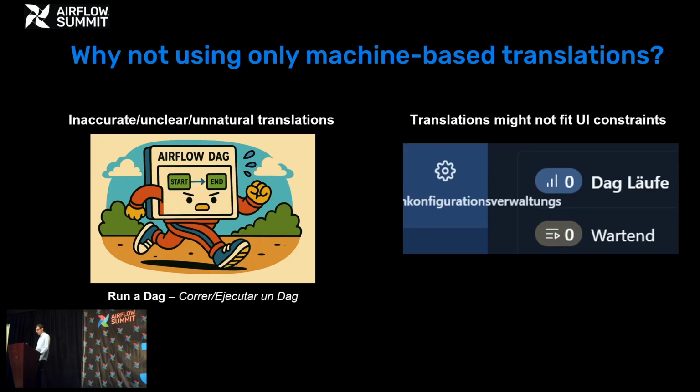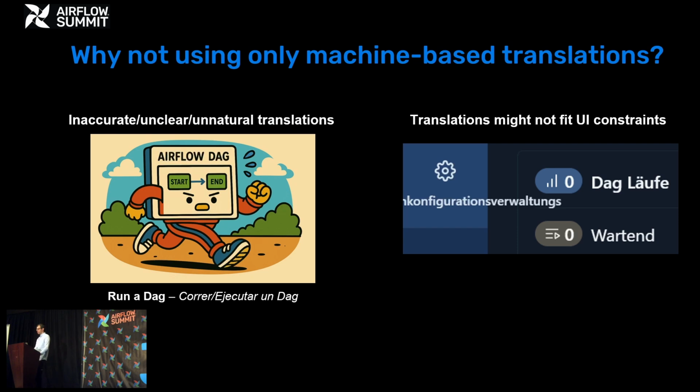Another reason is that translations might not fit the UI constraints, like this button that turns into a mini novel. Don't worry, this is not a real screenshot thanks to Jens, but it could happen if we are not careful enough.